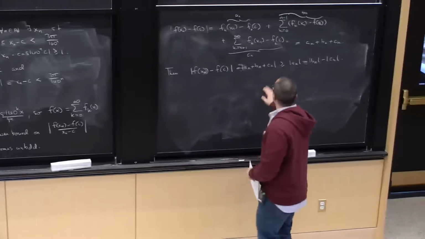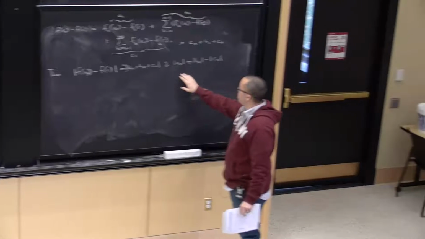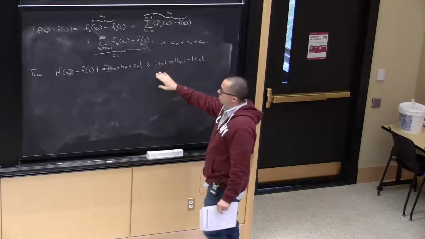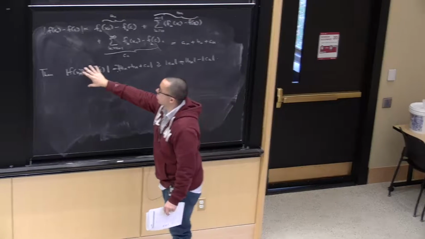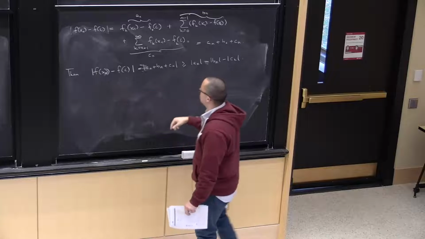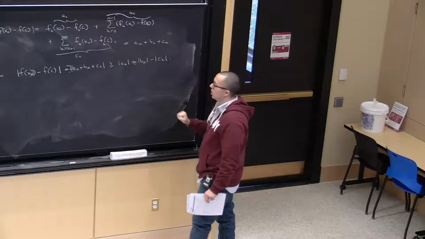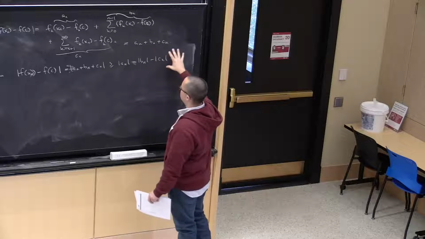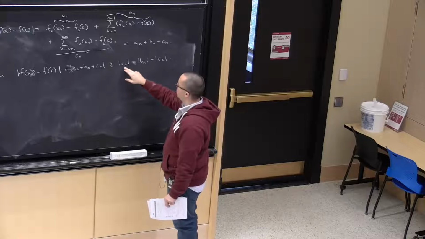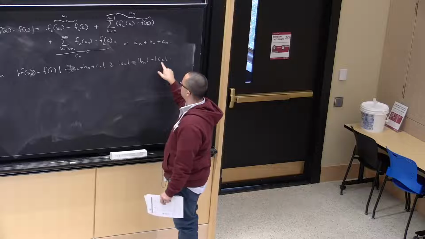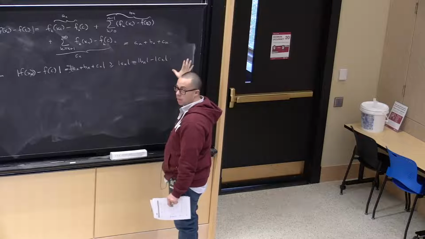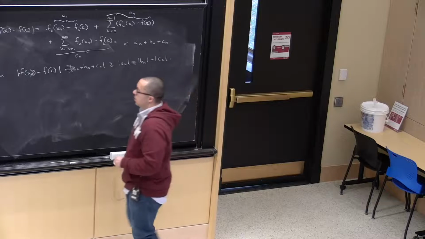So our goal is now to estimate from below a sub n. Remember, we're trying to find a lower bound for this quantity over x sub n minus c. So we need to estimate this sum from below, which means we need to estimate a sub n from below, and b sub n and c sub n, since they have minus signs, from above. Okay?